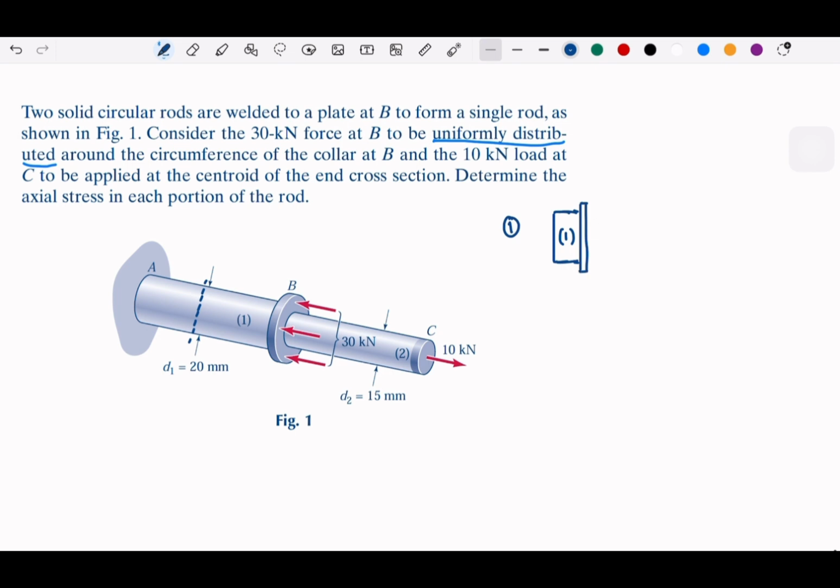Okay, and then this is 2. And it has 10 kilonewton over here, right? This is C, this is B. And then the uniform distributed load on B is here, let's say here.